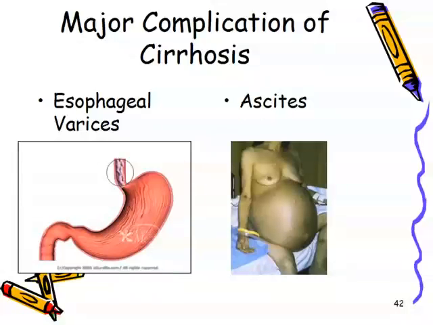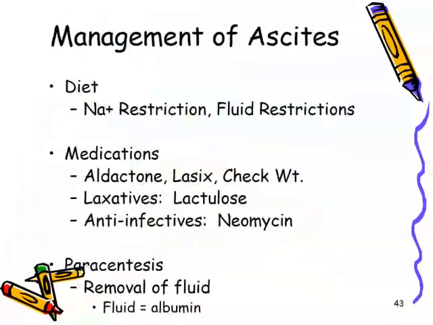We've already talked about ascites. There's a picture of an extreme case of ascites to the right. To manage ascites, remember, we'll do the sodium restrictions, fluid restrictions. We can put these patients on some medication to try and pull off that weight. So we can give them things like diuretics, like Lasix, and also aldactone, which is a potassium-sparing diuretic.